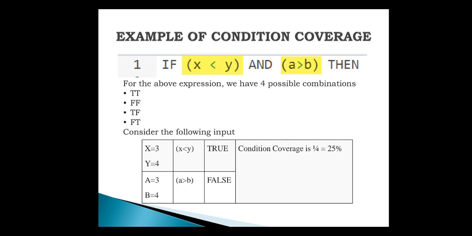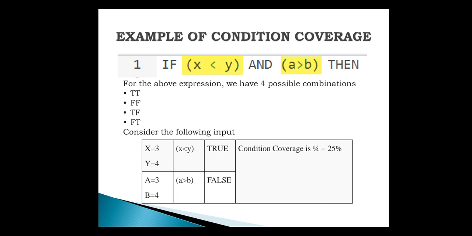So I am taking the input. Here the input values are x is 3, y is 4, a is 3 and b is 4. The first condition is going to be true because x is less than y.